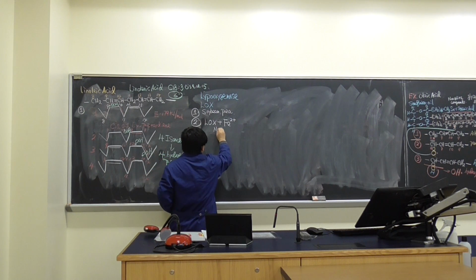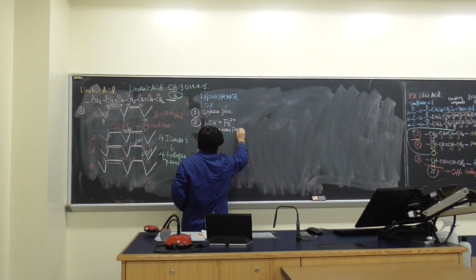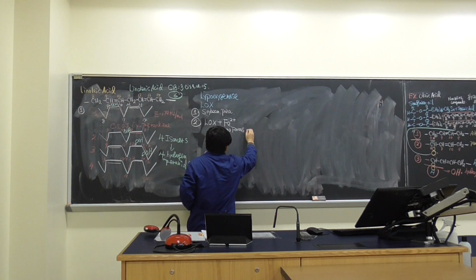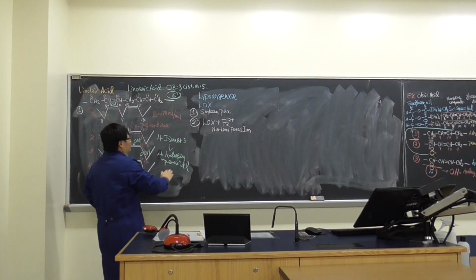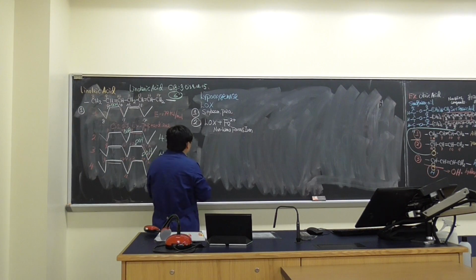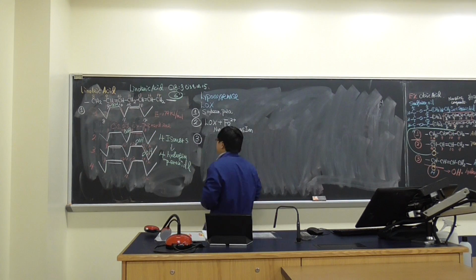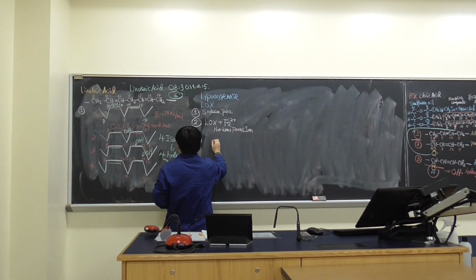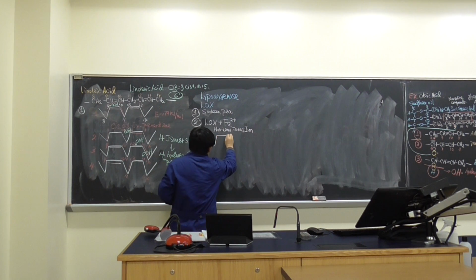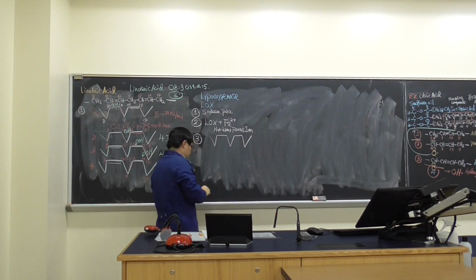This is a non-heme ferrous iron. Now, this special enzyme recognizes a special structure, which is exactly right here in the linolenic acid: 1,4-pentadiene.